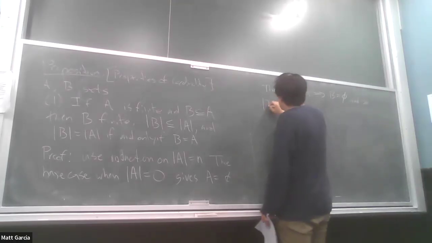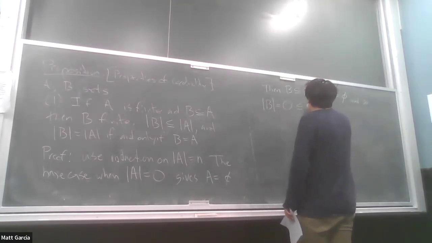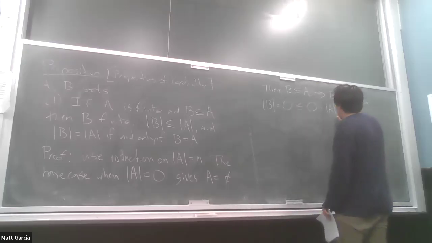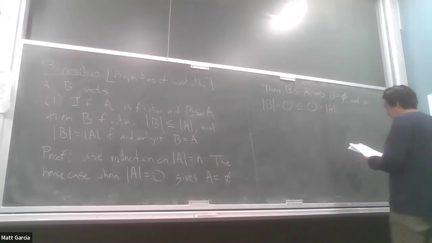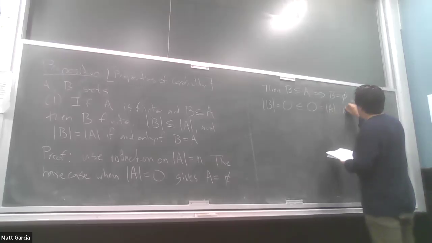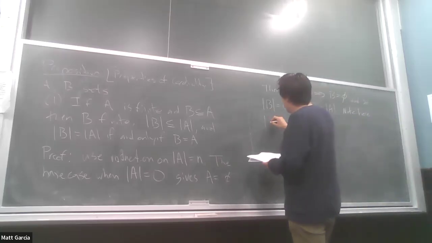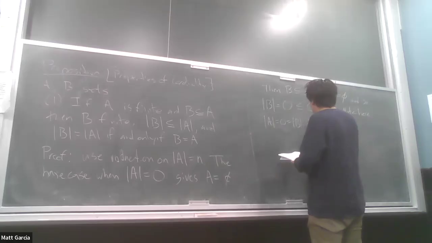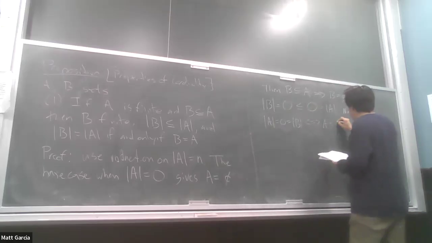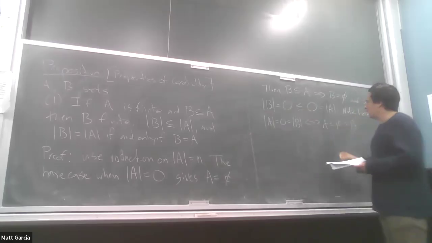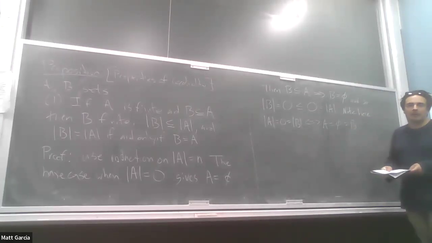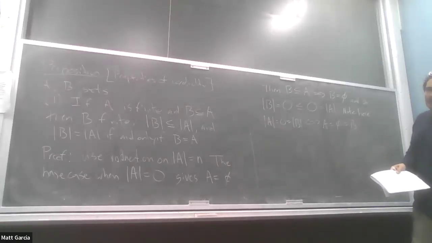And so the cardinality of B is also equal to 0, which is less than or equal to the cardinality of A. Note here, as we said in our additional part of this claim, that we must necessarily have equality of sets here.